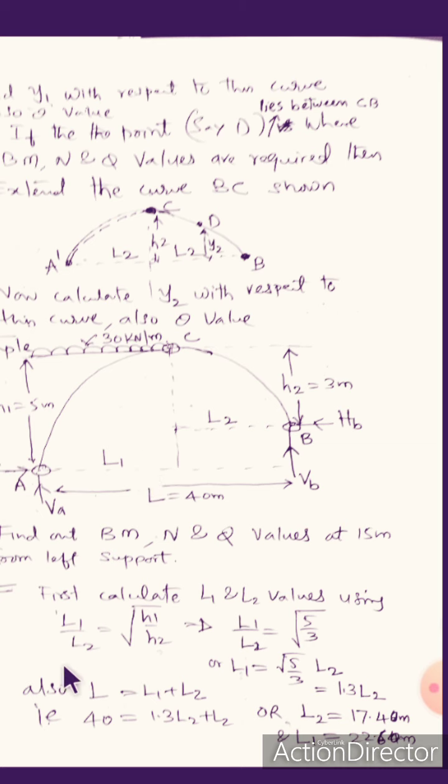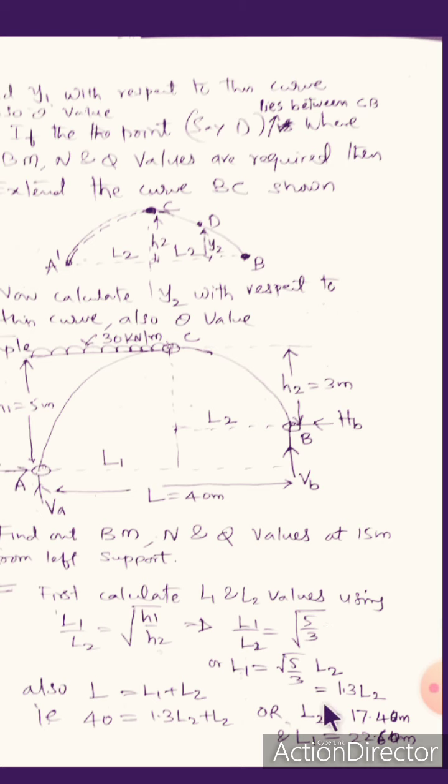So I have used this formula here, as I told you in the beginning. The formula to be used here is L1 by L2 is equal to square root of H1 by H2. Use this and find out the L1 and L2 values. Now you can see here L1 by L2 is equal to square root of 5 by 3. So L1 in terms of L2 is 1.3 L2.